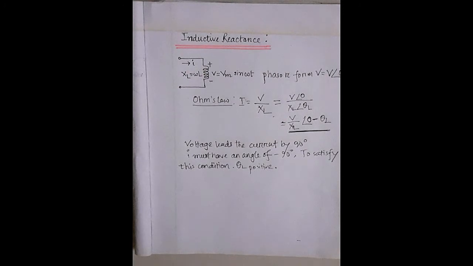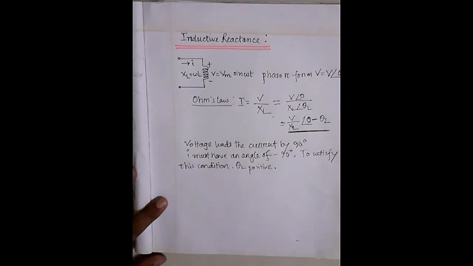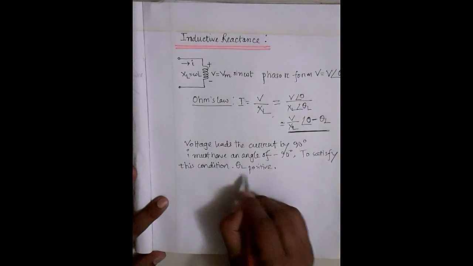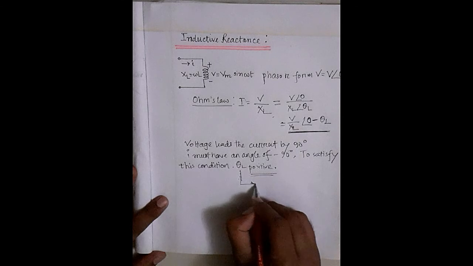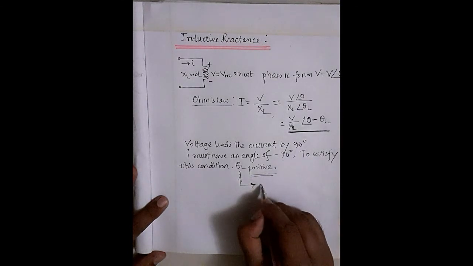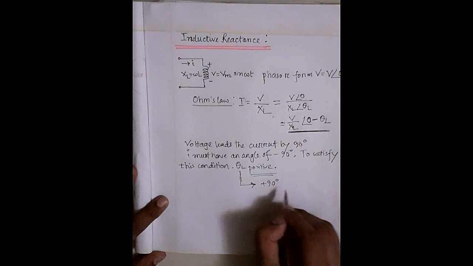Is there anything else we need to figure out? So that should be positive. This is the sign. What about the quantity? It should be plus 90 degrees, right?